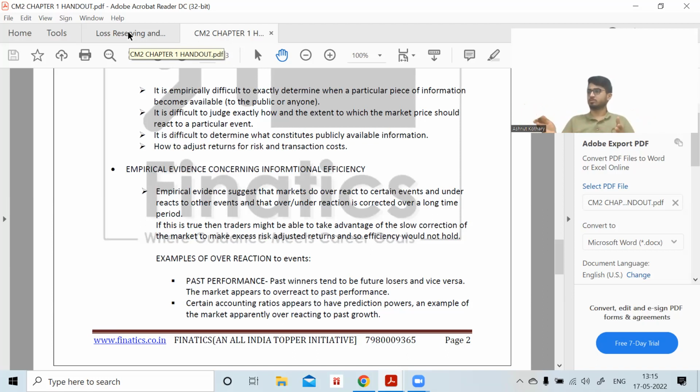Similarly, in case of demerger, wherein a particular company splits into two or more divisions, it is generally referred to as value unlocking in certain cases. In case of a demerger, the prices increase significantly.